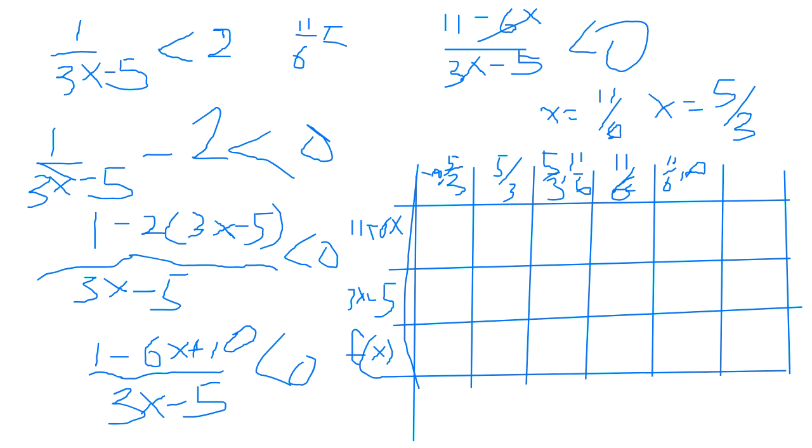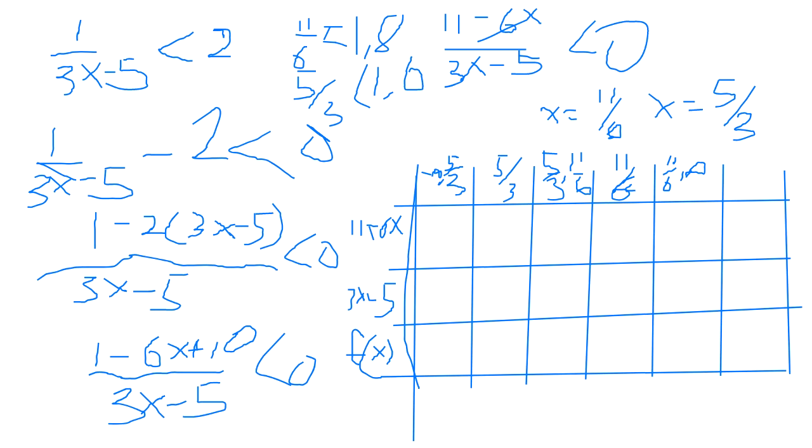Good. Then 5 over 3 in decimal is how much? 1.6. Okay, good. So you must know these. Is that clear? So now we are looking for a number between negative infinity and 1.6.